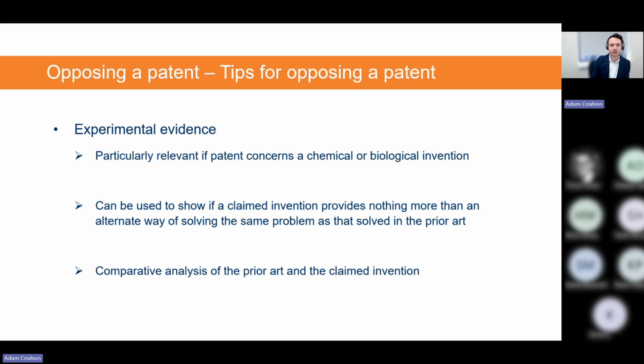So, it's useful to perform experiments to test the technical effect of the claimed invention against the technical effect of the prior art. If the results show that the same technical effect is produced, then this provides a strong argument that the claimed invention lacks an inventive step. It is useful to conduct any experiments as early as possible so that the data obtained from those experiments can be filed with the opposition.